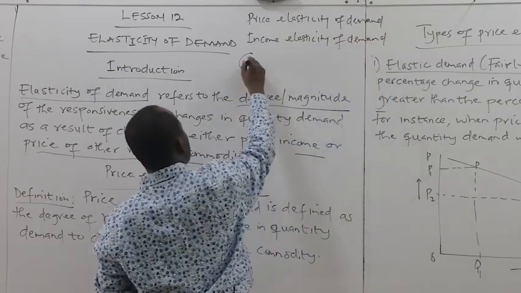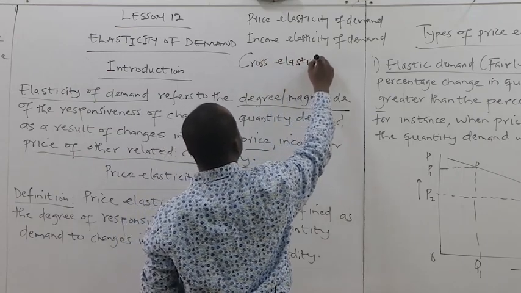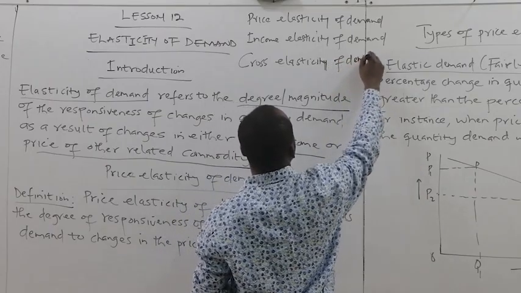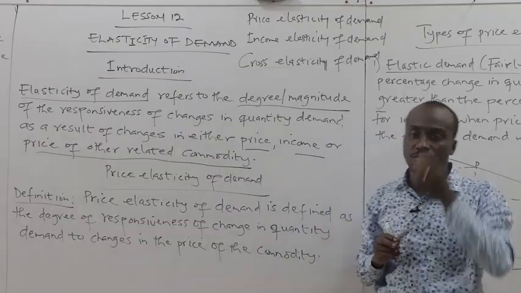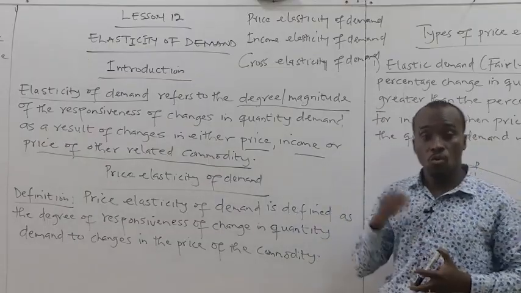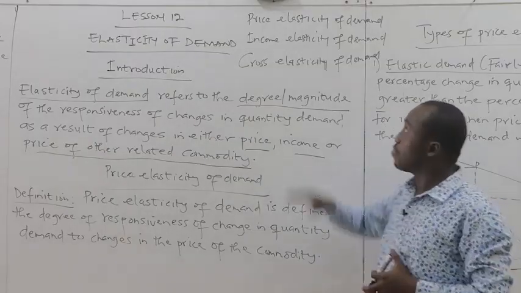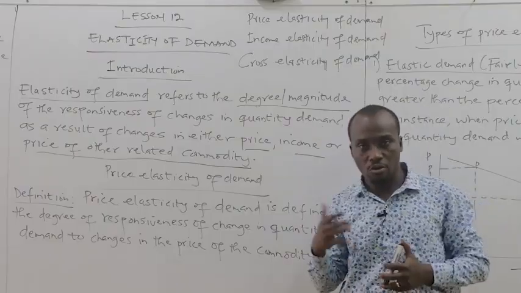We have the cross elasticity of demand. We have all these three types of elasticity. You're going to take them one by one, solve questions, and understand all the concepts.